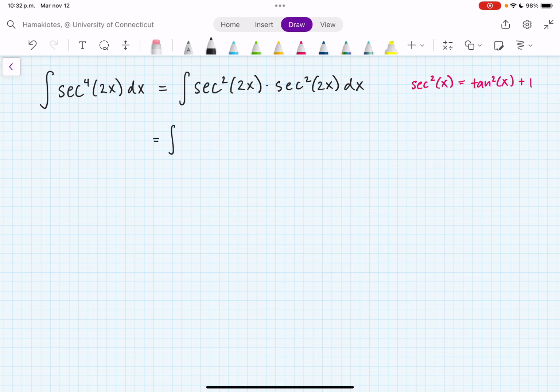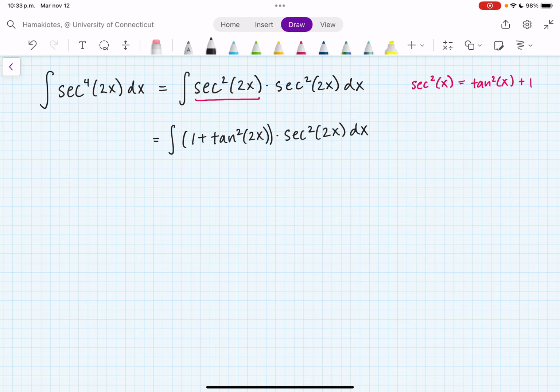So for the first secant squared, we'll replace that with our trig identity, 1 plus tan squared of 2x times secant squared of 2x dx.